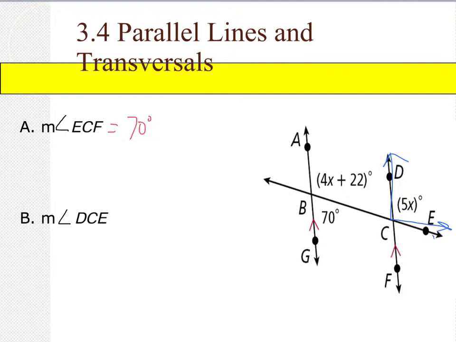So what does that tell me about corresponding angles? They're equal. So that means in this equation, because we know they are congruent, we set them equal to each other. 4x plus 22 is equal to 5x. 4x plus 22 equals 5x.